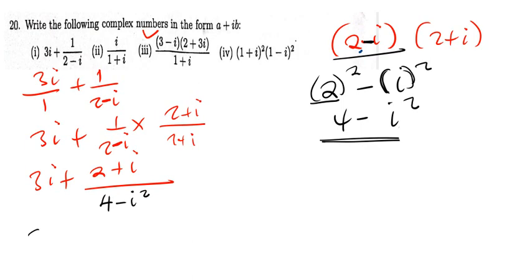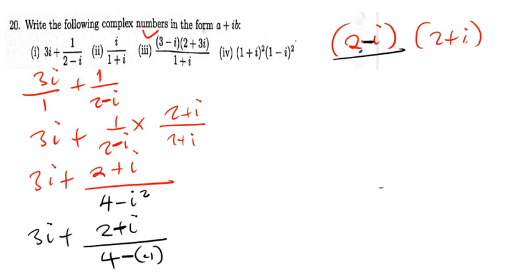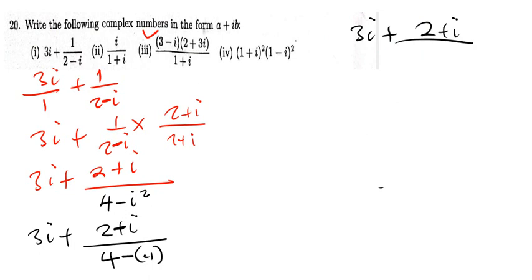Then I'll have 3I plus 2 plus I divided by 4. Wherever you are going to find I squared, it is negative 1. So you replace it with negative 1. The next thing I need to know is 2 plus I divided by, this is going to be now 5.